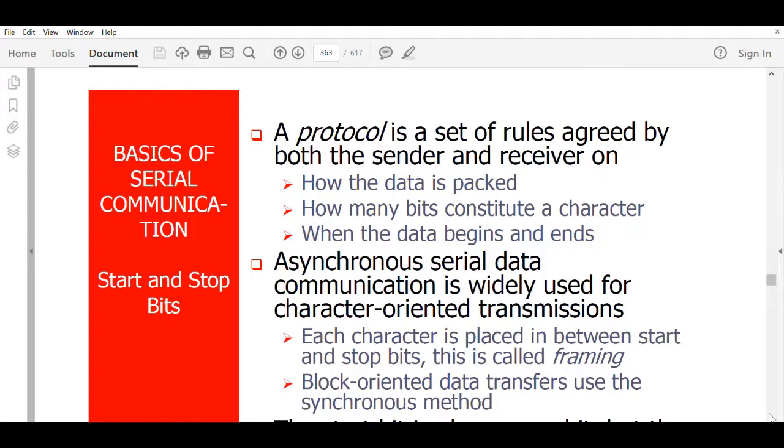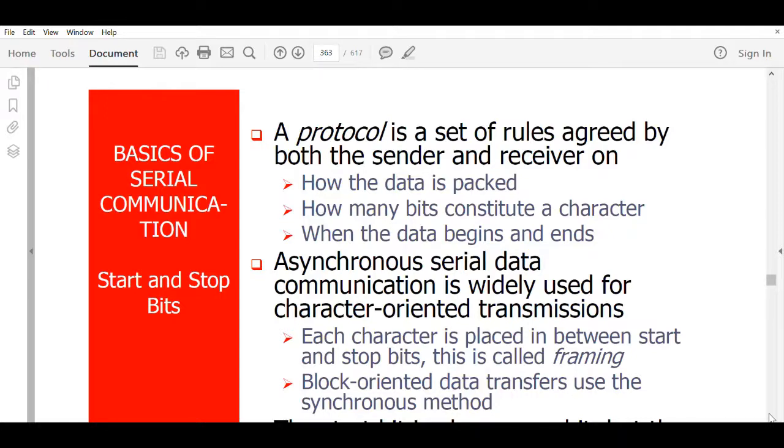Instead of 8 bits, the receiver gets, say, 10 bits. So the receiver should know what these 10 bits are, which is the bit that is coming in first. Is it the LSB? Is it the MSB? Is it some other bit? And what does that bit signify? All these things the receiver should know.